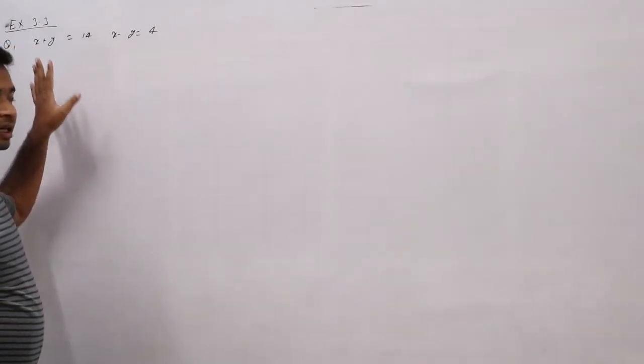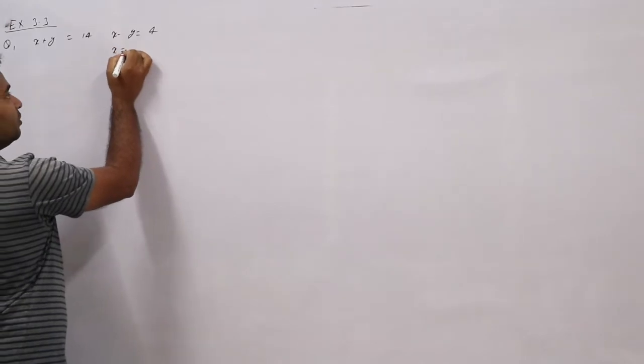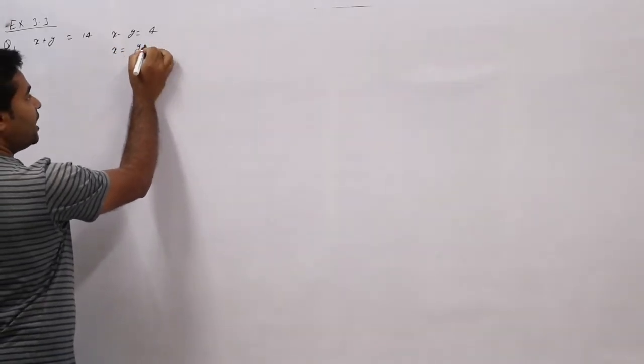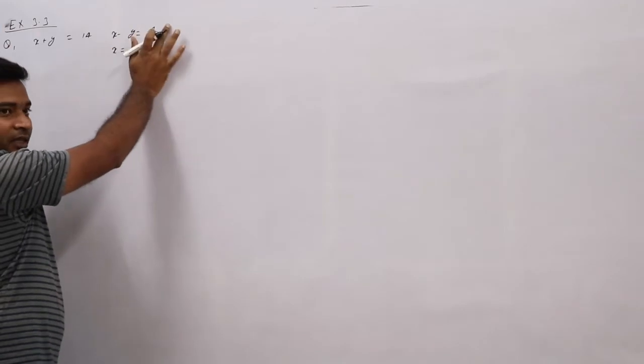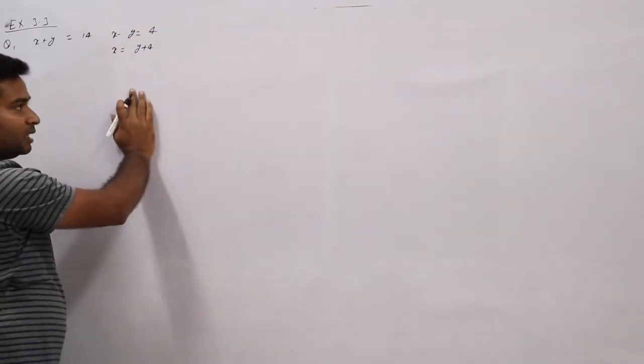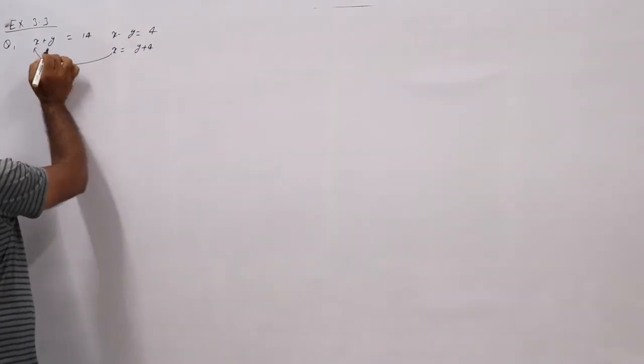Like here I am finding the value of x, which is equal to y plus 4. This side minus y, this side plus y. Now this x I am putting here.